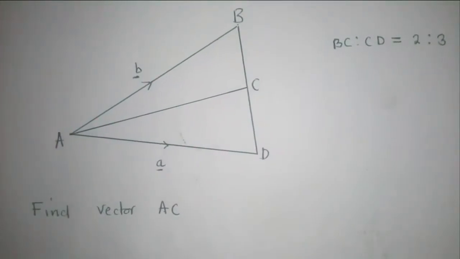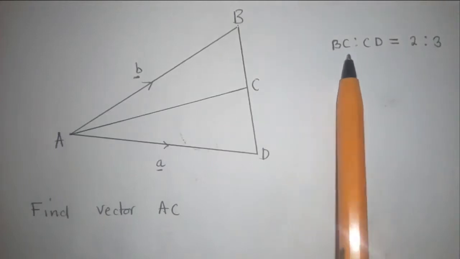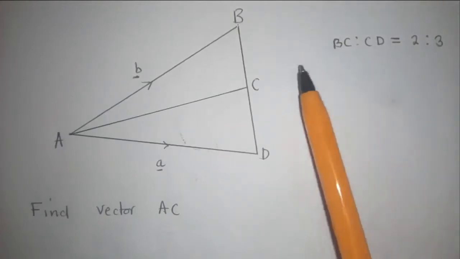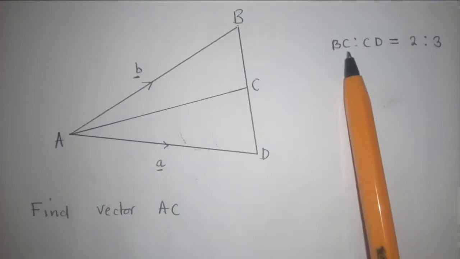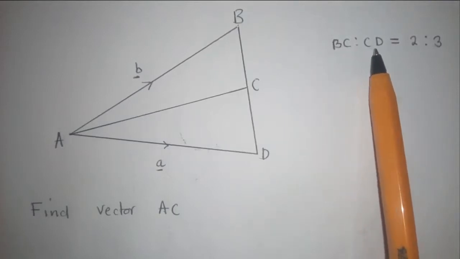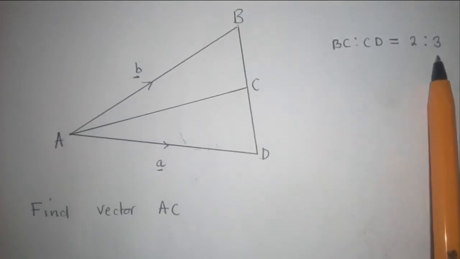Here I want to show you how to use the idea of ratios. When dealing with vectors, it's very important to understand ratios. If you can see what is here, this is a ratio. They have said BC to CD is equal to 2 to 3.